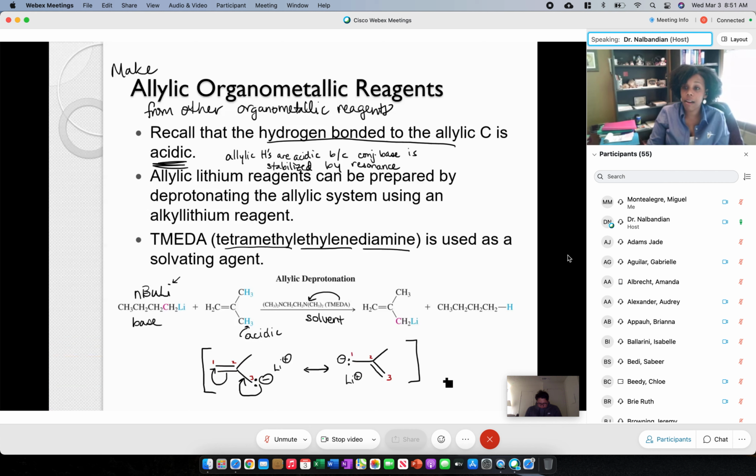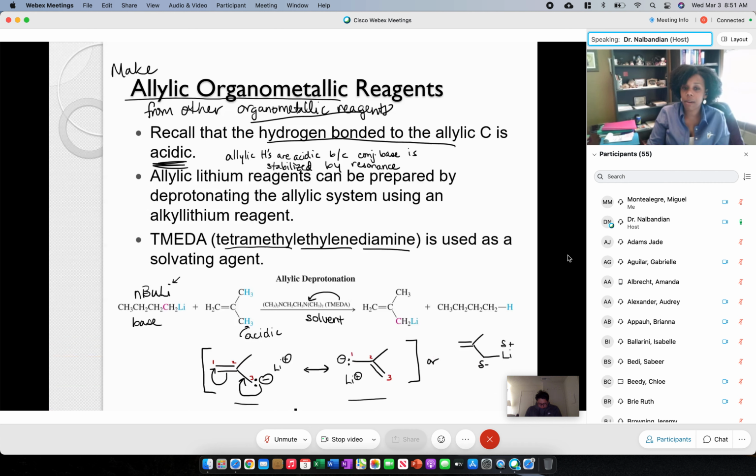We made it from N-butyllithium. We use an organometallic reagent to make an allylic organometallic reagent. The other way to draw this, we know, would be here, where we are showing the bond, but we put in partial charges. Now, these two are equivalent.